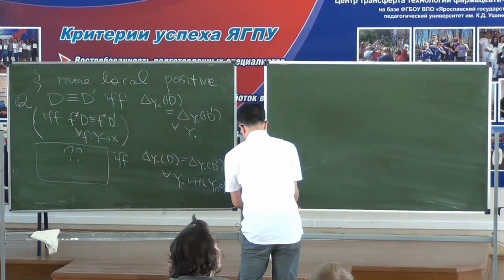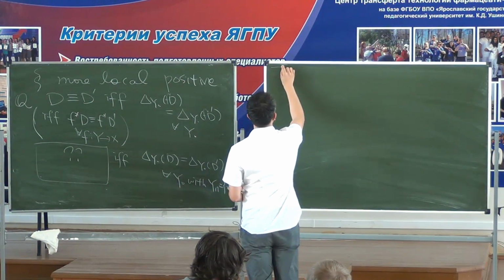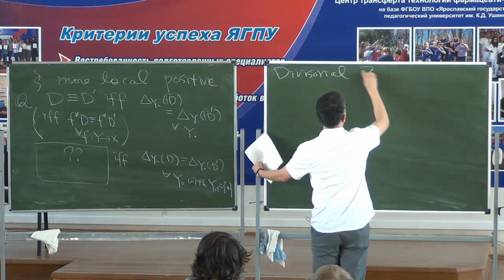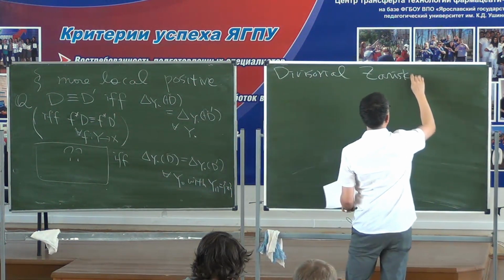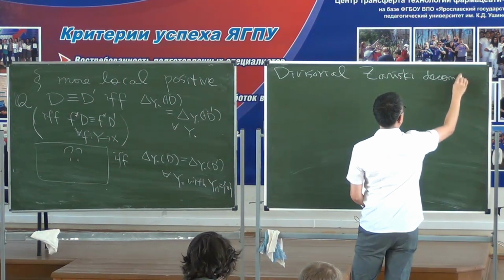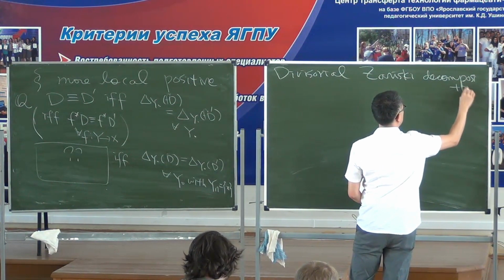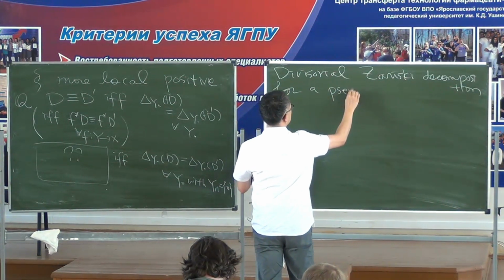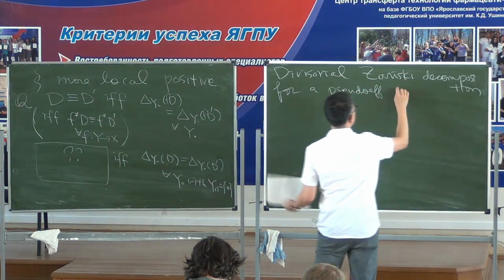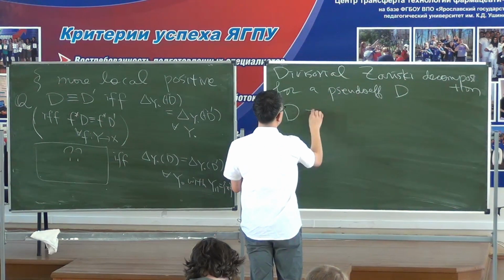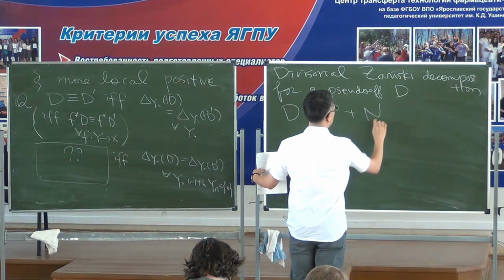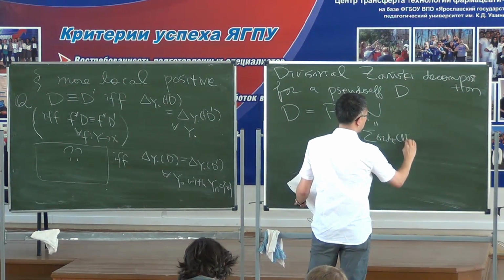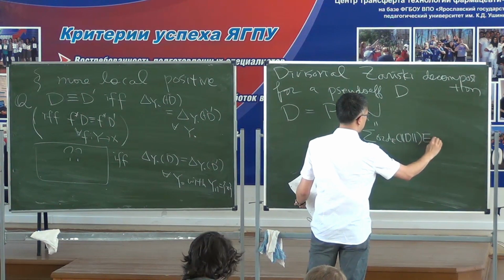Okay, anyway. And also let's record the divisorial Zariski decomposition. So for a pseudo-effective divisor D, this is D = P + N, where N is the asymptotic order of D along E. Okay.